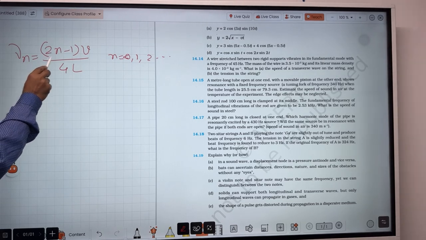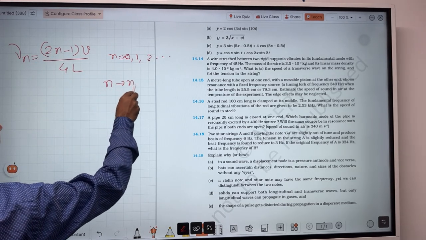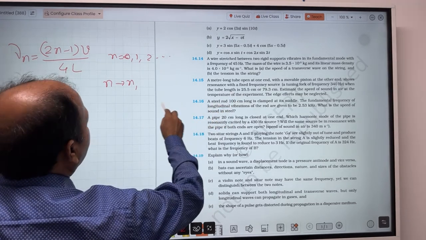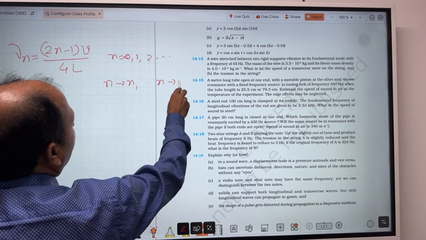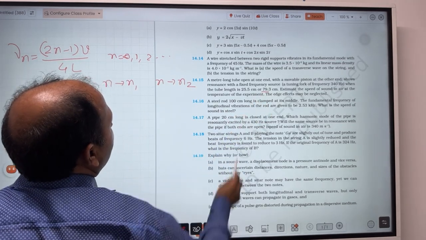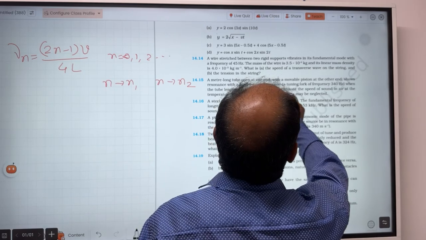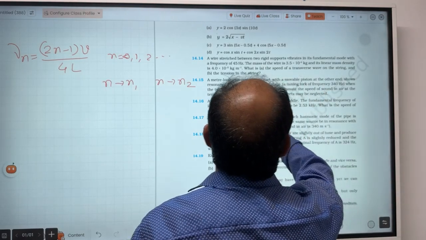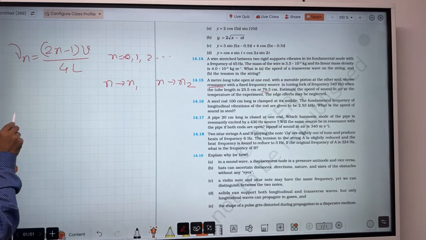So suppose n becomes n1 for the first value, when L is 25.5, and n becomes n2 when the value of L is 79.3. Then resonance occurs here, so the two frequencies will be the same.